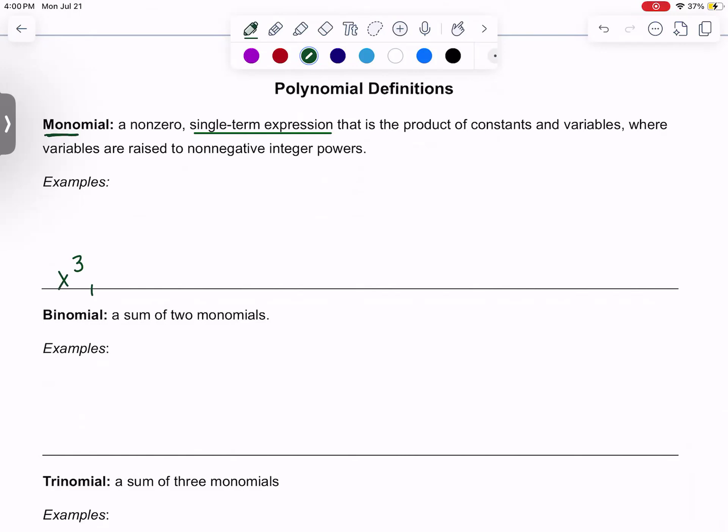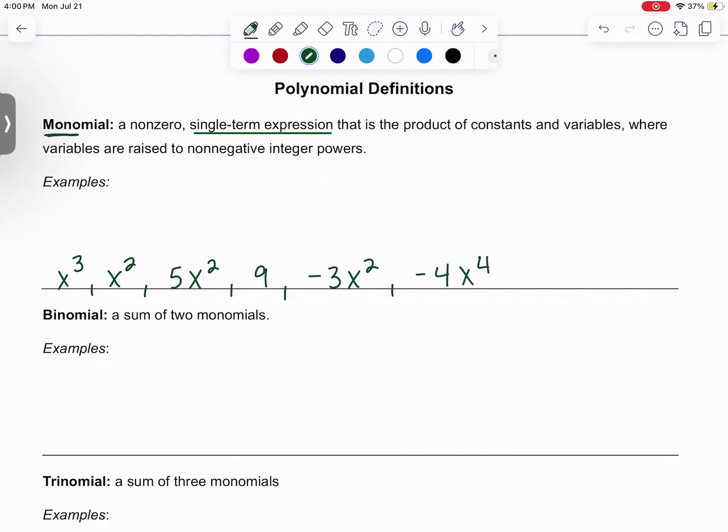So x to the third would be a monomial. x to the power of 2 would be a monomial. 5x squared. They're all one expression. Even a number like 9 or negative 3x squared, negative 4x to the fourth.